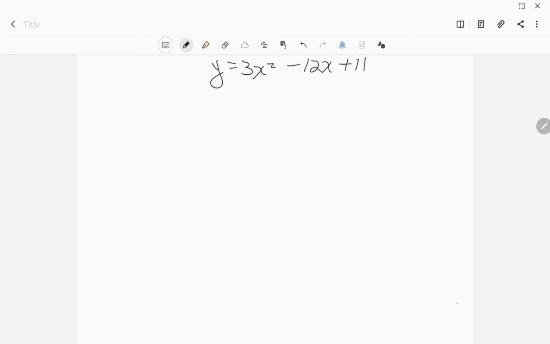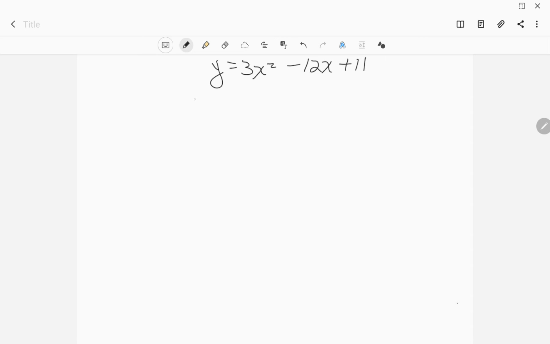That's in general form. They want us to put it in standard form, then sketch the graph and find any max or mins. Well, remember, a maximum or minimum always happens at the vertex. So basically, they want us to find the vertex. So I have to complete the square.